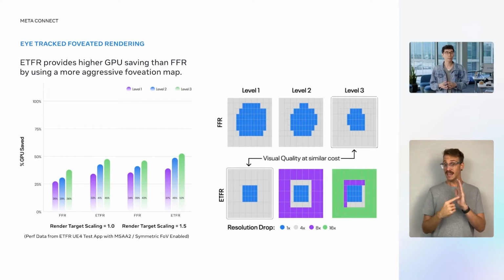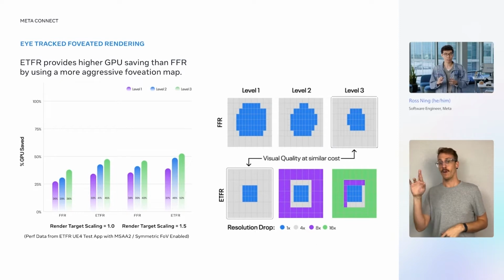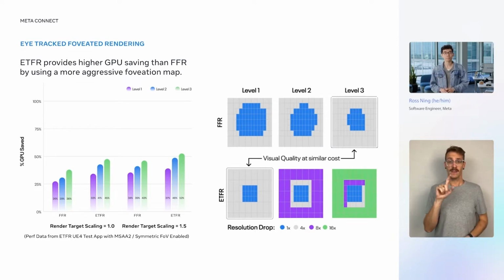For example, the following diagram shows a perf comparison between FFR and ETFR in a UE4 test application. As you can see across all foveation levels, ETFR provides better GPU saving than FFR by using the more aggressive foveation map.